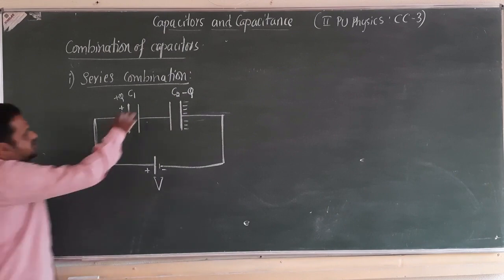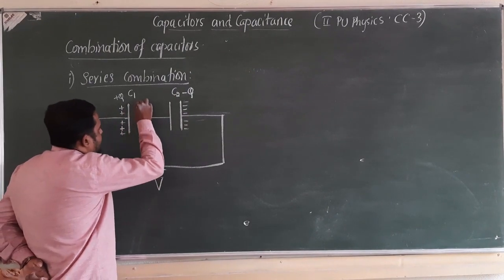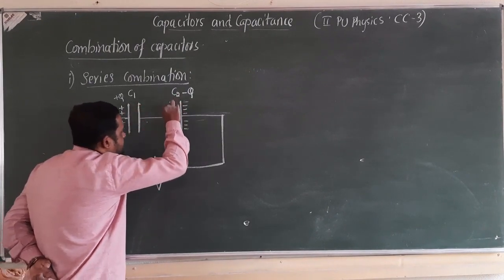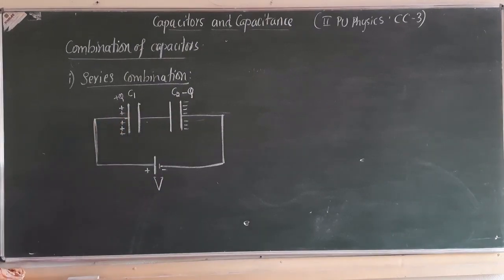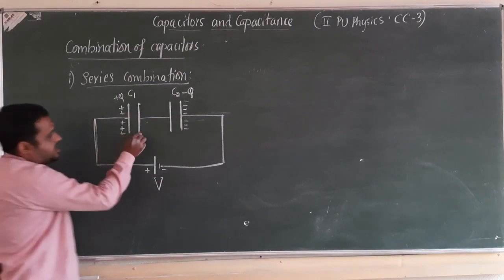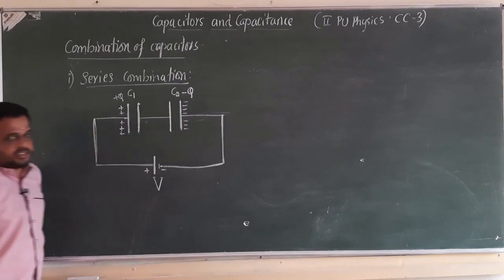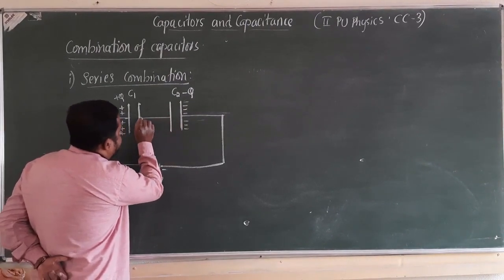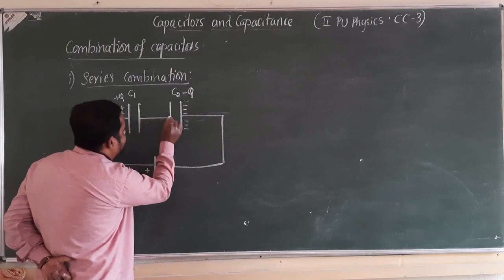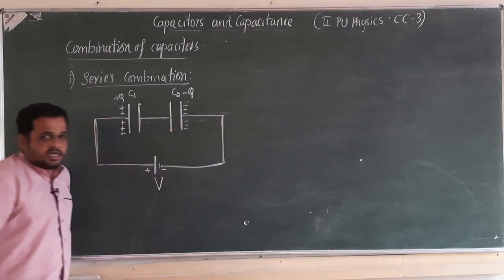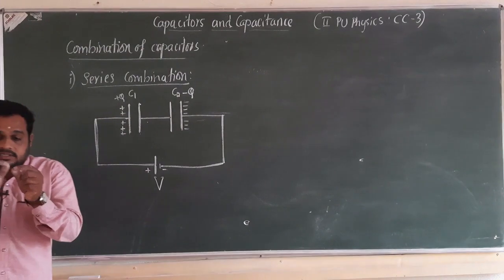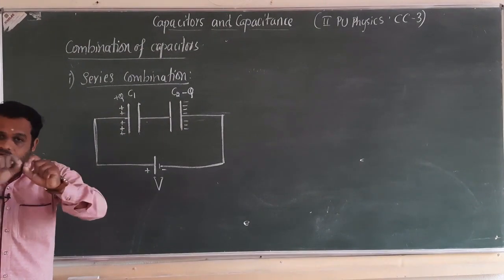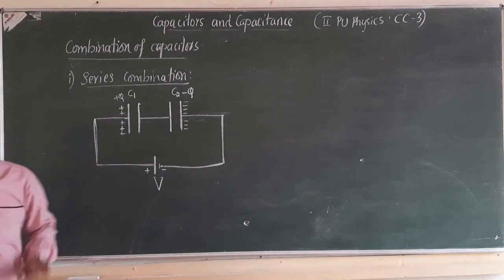Now what about the right plate of first capacitor and left plate of second capacitor? Actually, these two capacitors are connected here. This represents a connection between two capacitors. We know that any electronic circuit is connected with the help of a wire, which is nothing but a conductor.